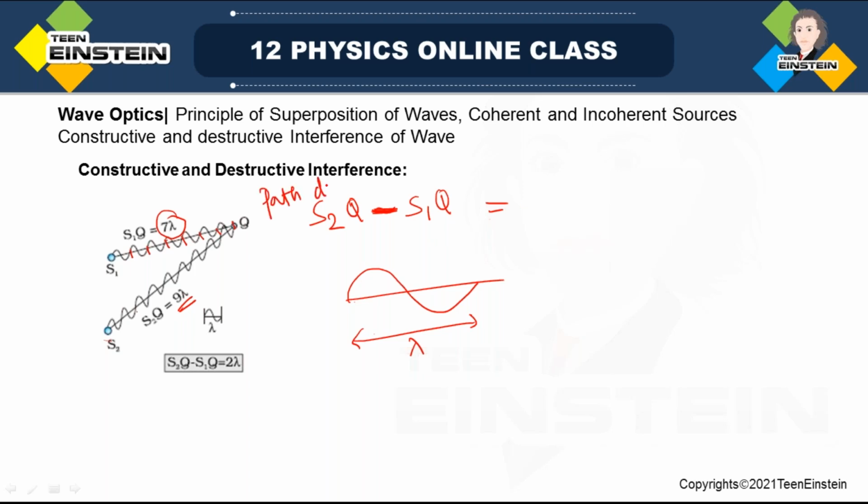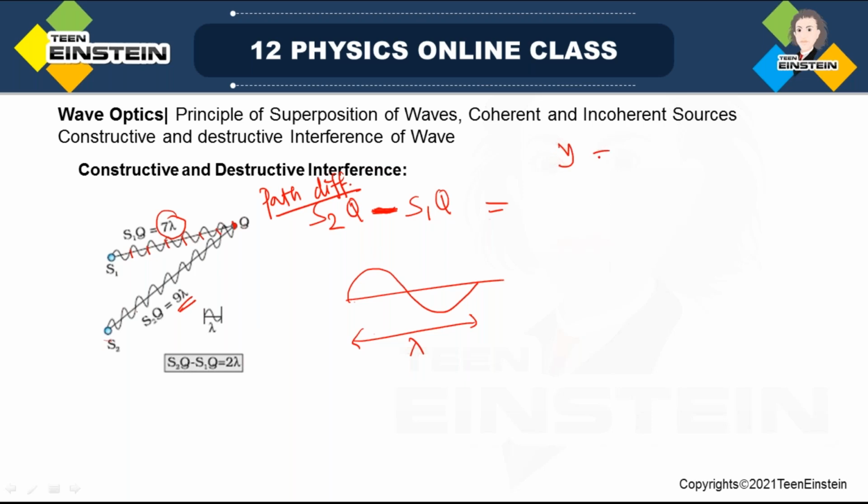Path difference between these two waves at this particular point, because you have to find out whether, according to the superposition principle, the displacements will be added or subtracted. To do that you need to know whether they are meeting in phase or out of phase. Do you understand the purpose of showing this slide and finding the path difference?